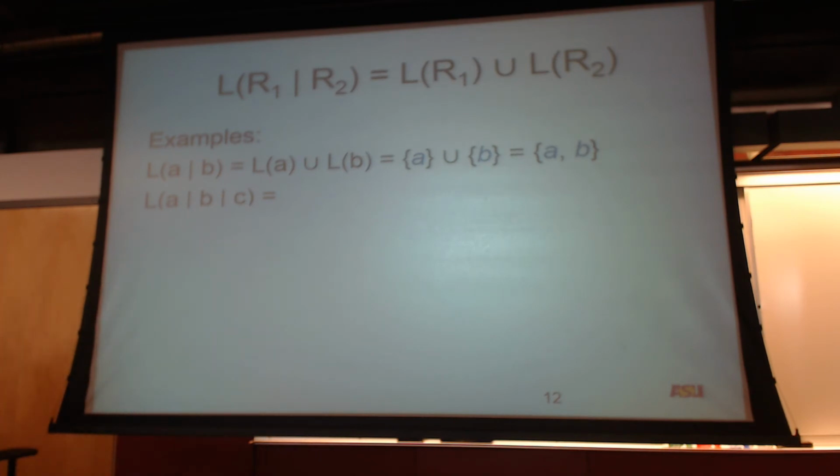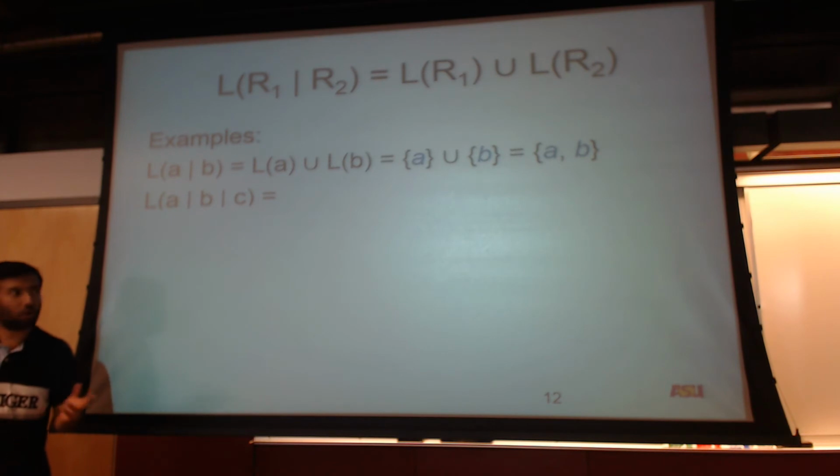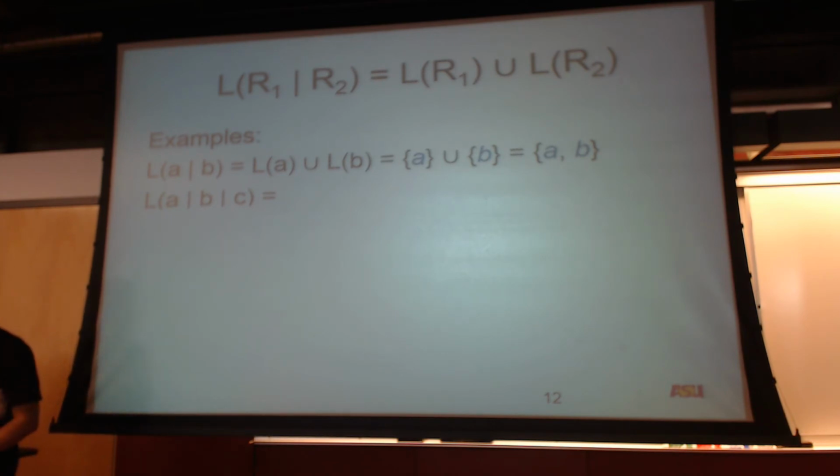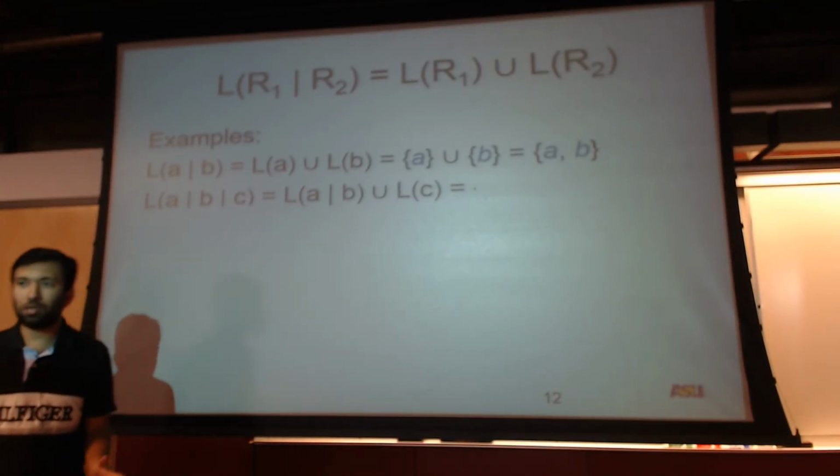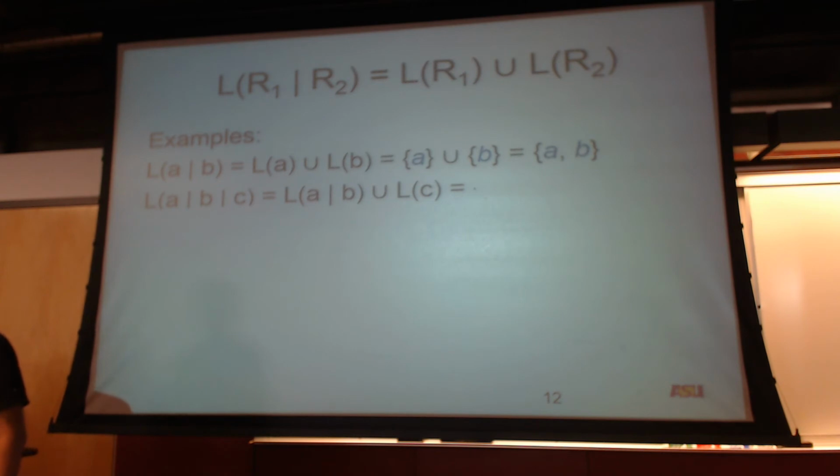How do I convert it in that way? I say that A bar B is one regular expression, and C is another regular expression. So R1 is A bar B, R2 is C. So in that case, I go to the next step: L of R1 union L of R2. That's what I know, right? I can apply that rule.